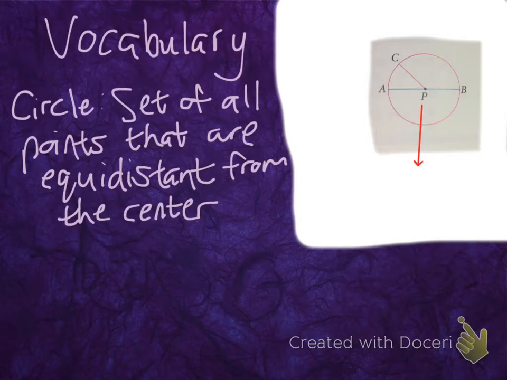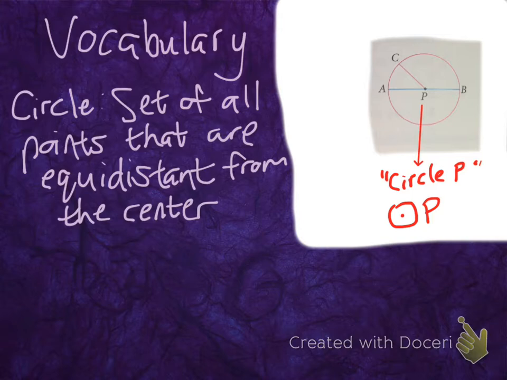The notation for that you're going to see in a book and a test is a circle P. This is pronounced circle P, and that letter P comes from what the center is. So if the center was K, it would be circle K, right? So that's the notation there for you.